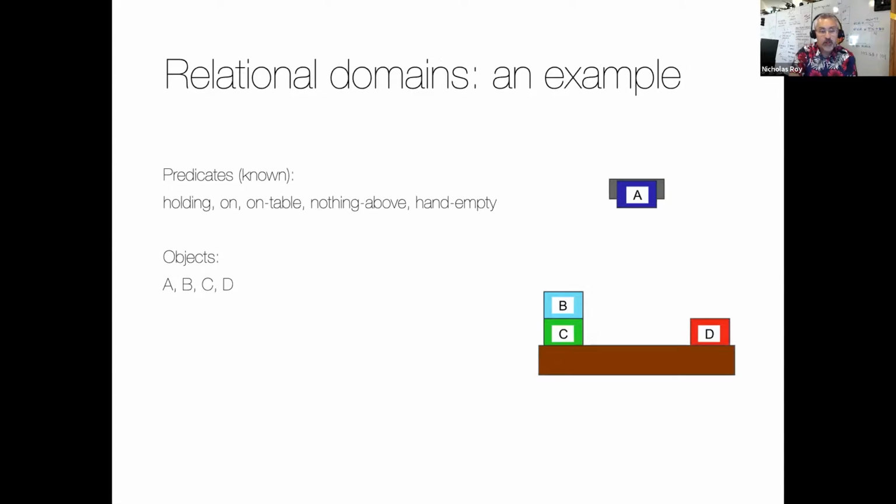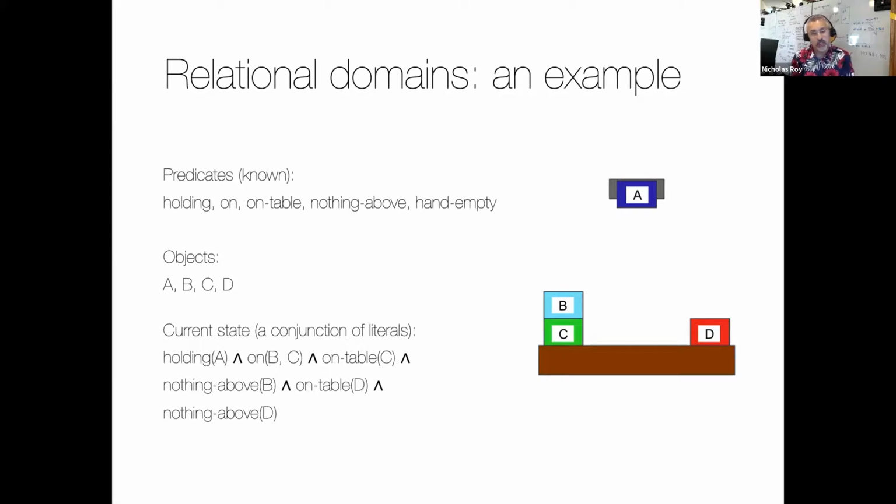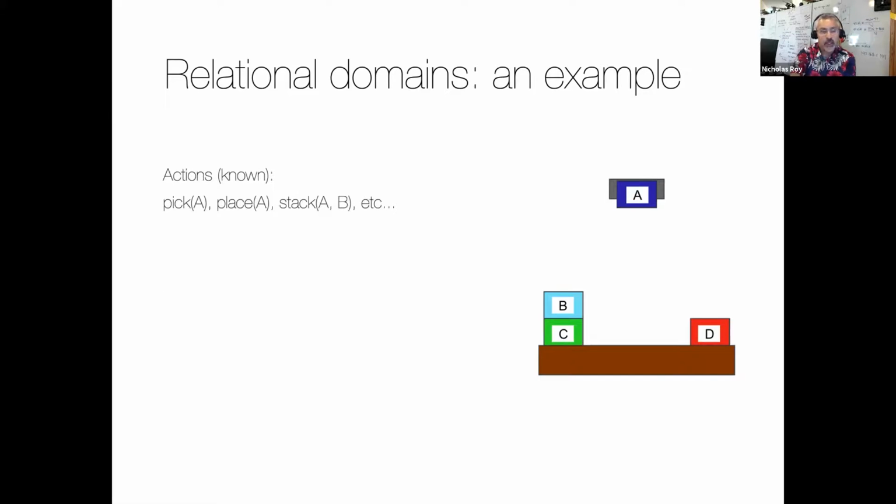What do I mean by relational? We're going to have predicates such as the robot is holding objects, objects are on tables, the hand is empty or not, and we have a set of objects. The current state is going to be a conjunction of literals, such as the robot is holding object A, and B is on top of C, and C is on the table, and so on. We have actions that have effects, and then we may have specific goals.